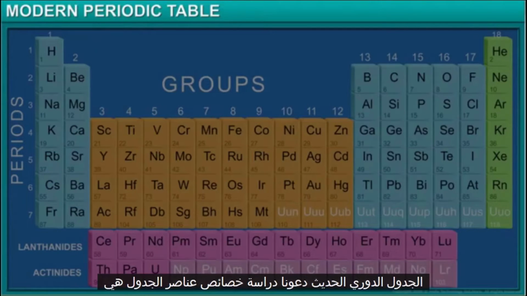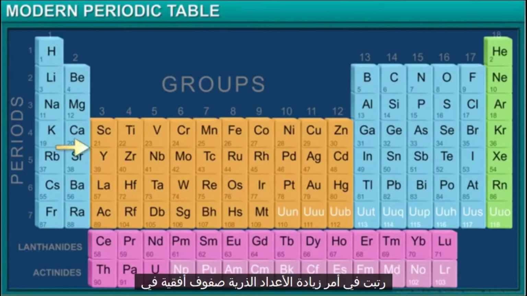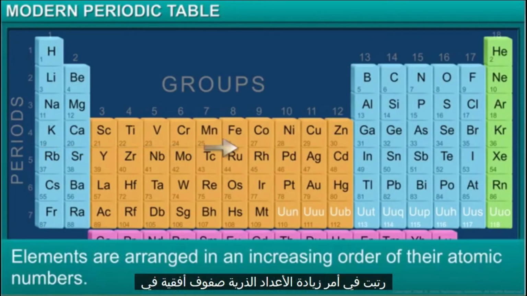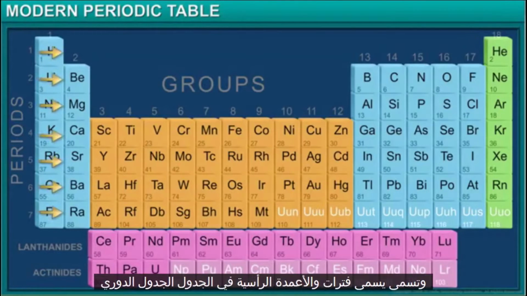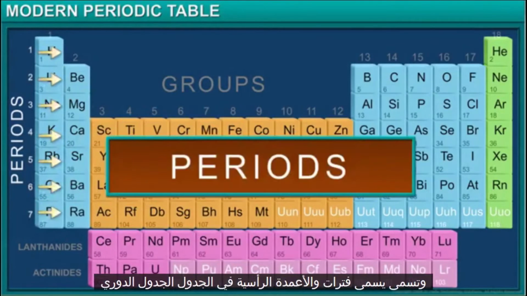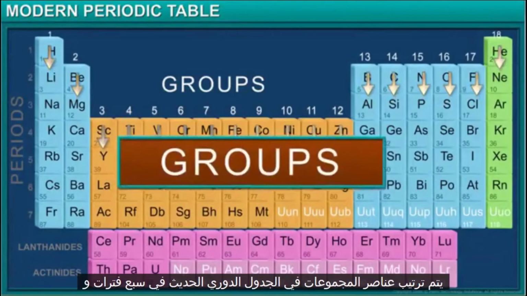Let's examine the features of the table. Elements are arranged in an increasing order of their atomic numbers. Horizontal rows in the periodic table are called periods, and vertical columns in the table are called groups.